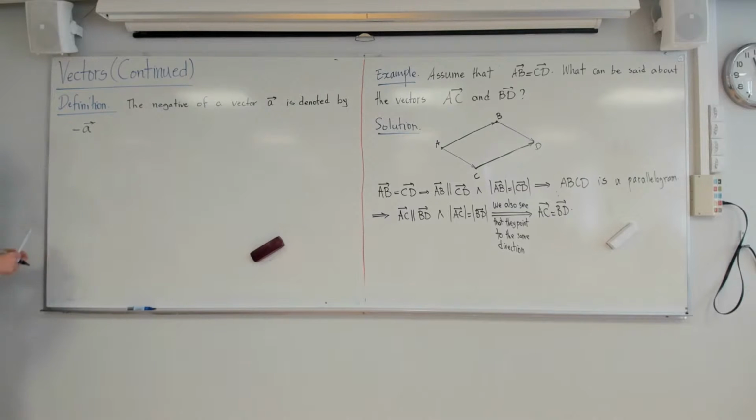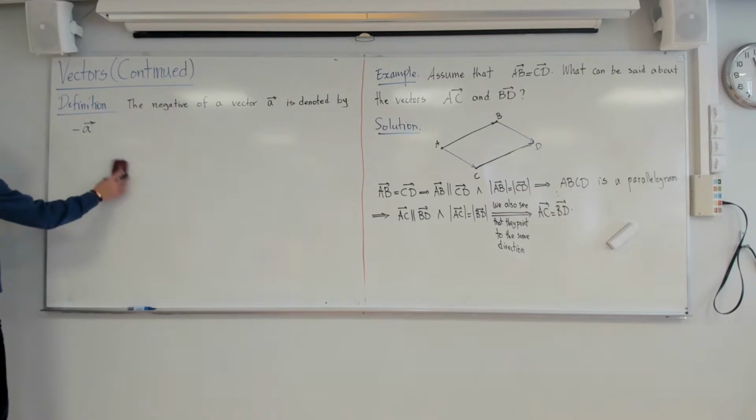But there is a very big difference between -2 and negative vector A. Yes? I am using the same symbol for the negative sign, but there is a big difference between this negative sign and this negative sign. This is the negative of a number, which we learned before, but this is the negative of an arrow. I want to teach you the meaning of the negative of an arrow, yes? This we need to define.